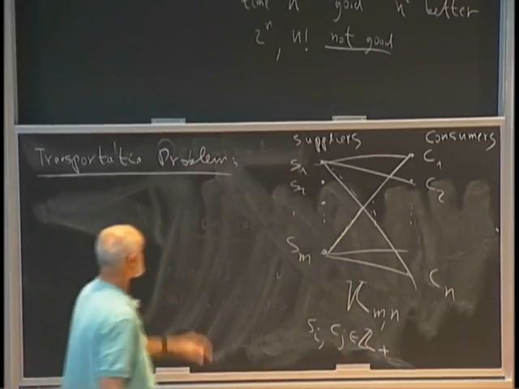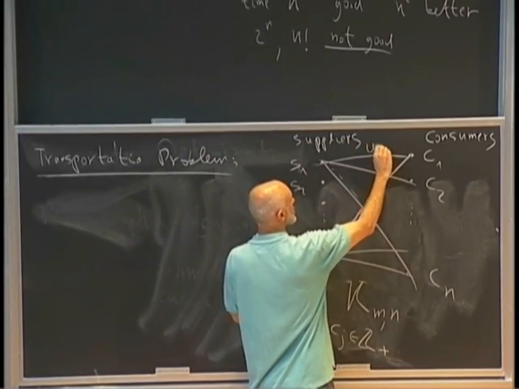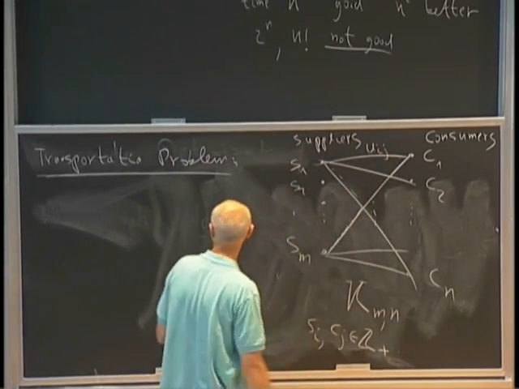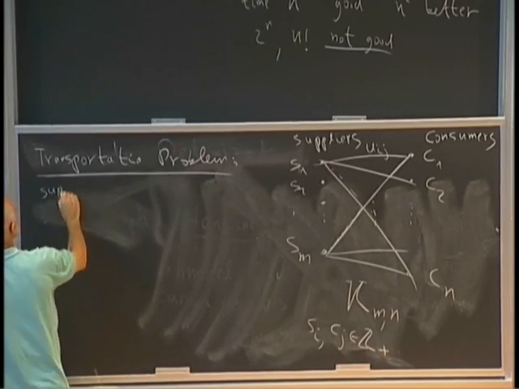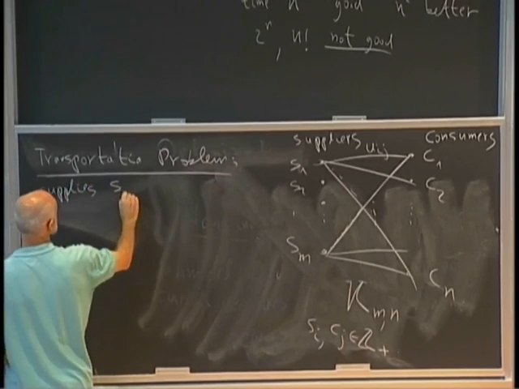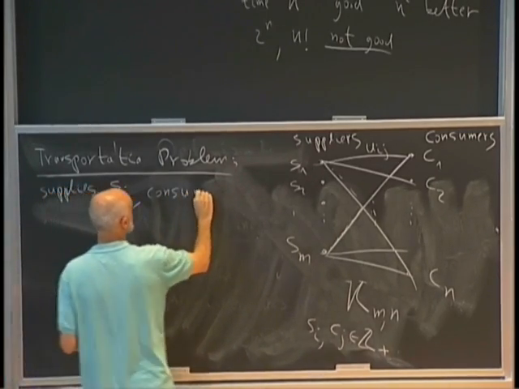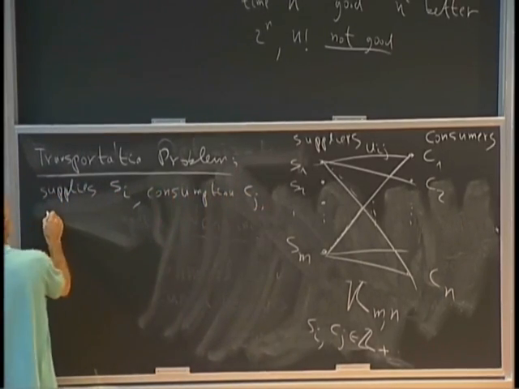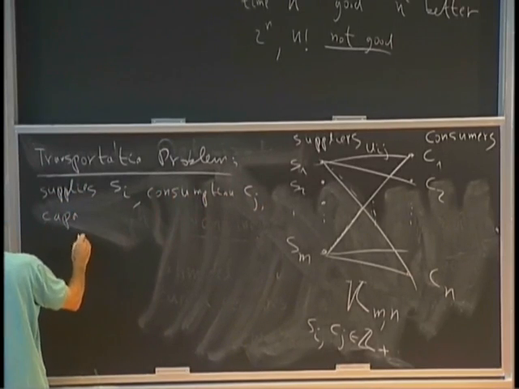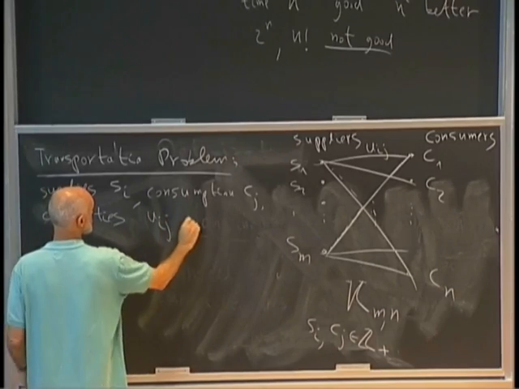And there are capacities on the edges. This may be thought of as oriented, but you have a Uij, which is a so-called capacity, an upper bound. So: supplies Si, consumptions Cj, upper bounds on the capacities Uij on edges.